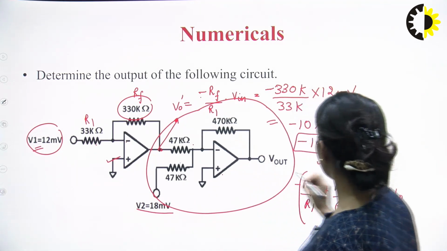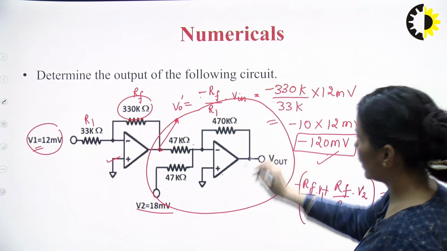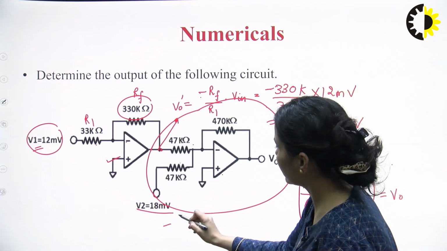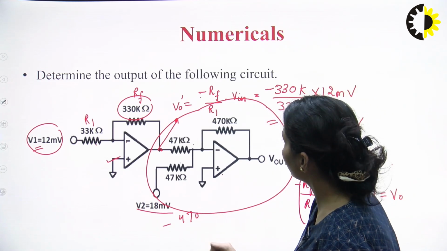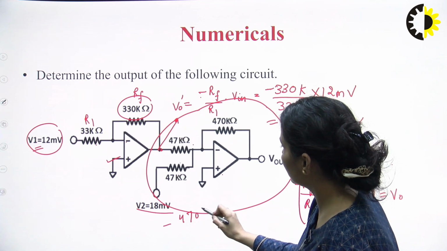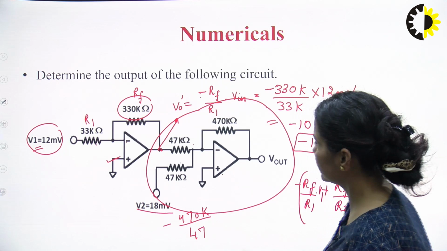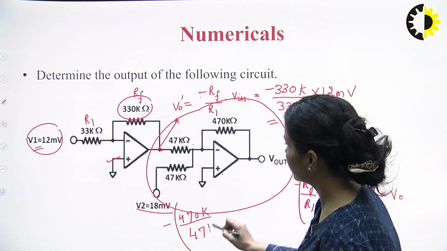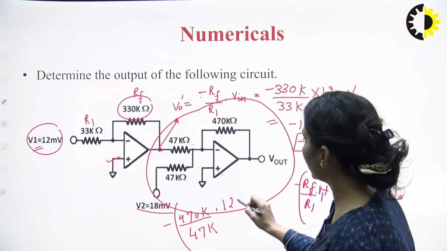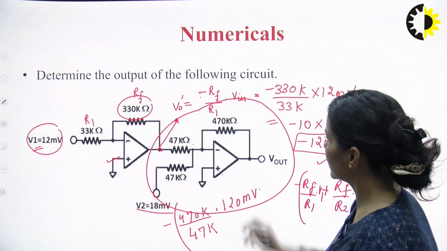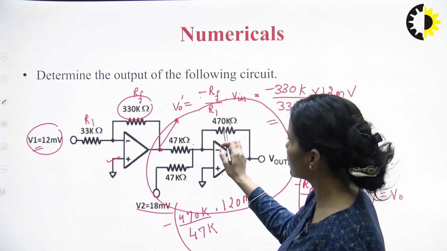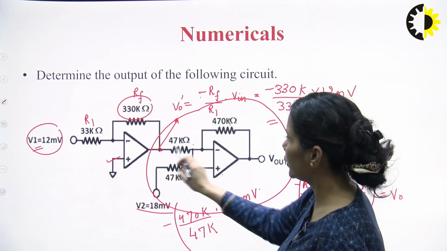So here, what is RF? Minus of 470 K upon 47 K into 120 millivolts. This is the expression for this part, minus of RF upon R1 into V1.